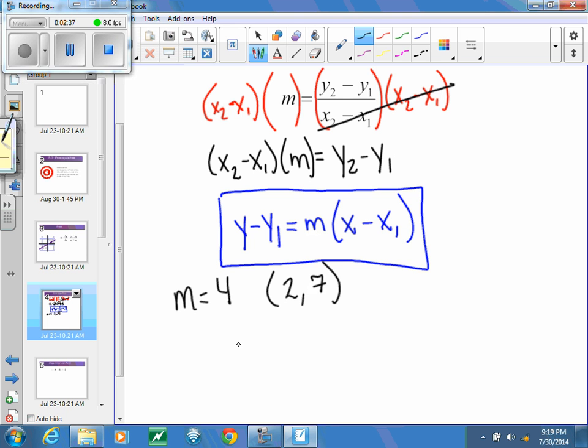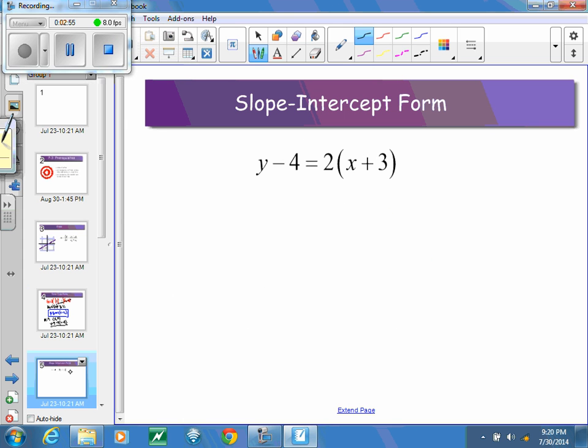So my equation of this line is going to be y minus 7 is equal to 4 times the quantity of x minus 2. And there's your equation of your line in point slope form. Now we do not use this one a whole lot. Most likely we use slope intercept form.